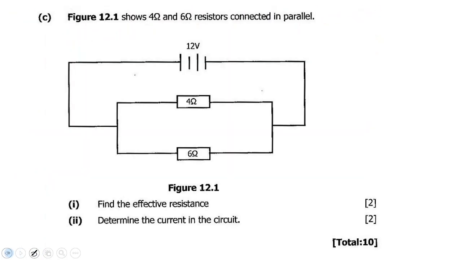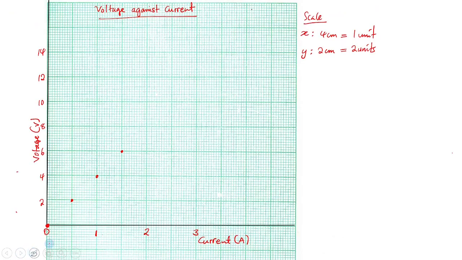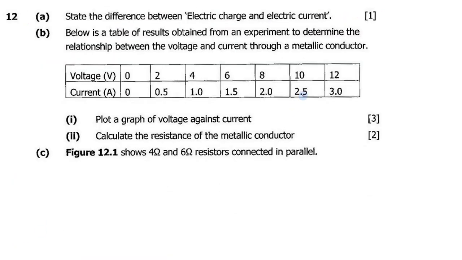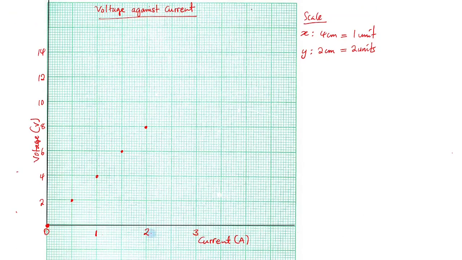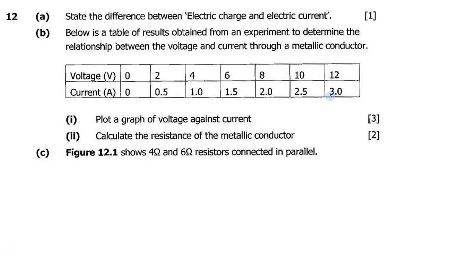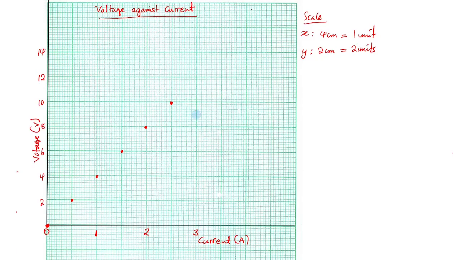Then you come back here. You have 2, 8. 2 is here, 8 is here. So it will be like that. Then you also have 2.5, 10. 2.5 is here, 10 is somewhere there. You put it like that. Then you come back again. You see that this is 3, 12. 3 is here, 12 is here.